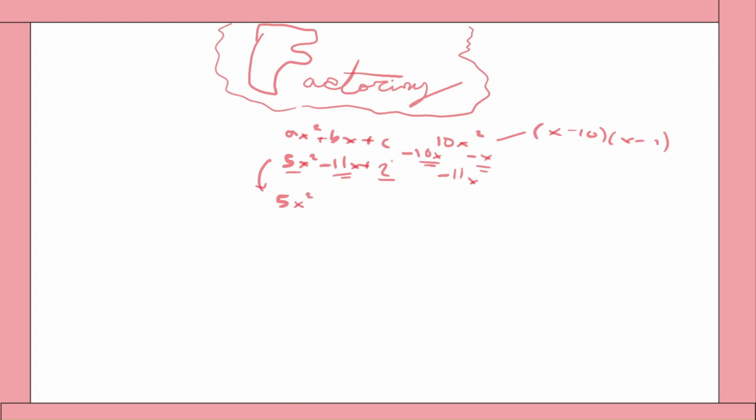So for example, 10x and 5x, do they have something in common? Well, they do, because 5 times 2 is 10. So let's try to put the 5x squared and the 10x together. We'll put the 10x right here, we'll put the negative x right here, and we're going to put the plus 2 here.